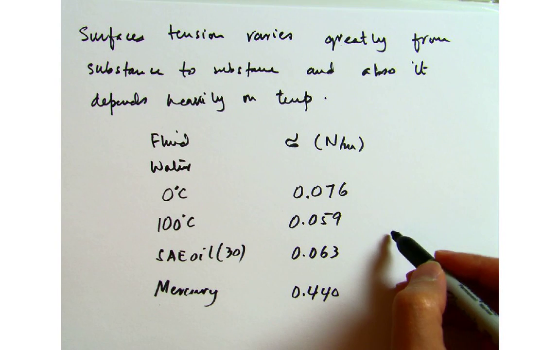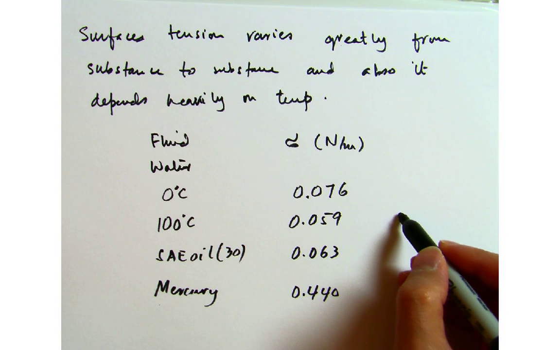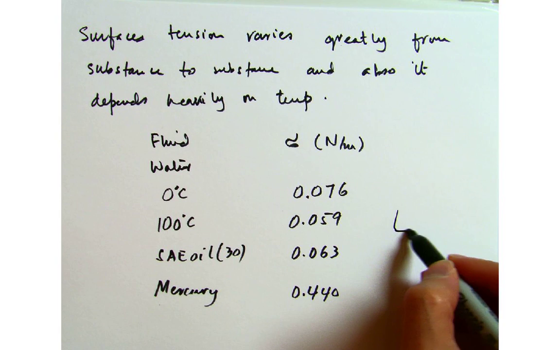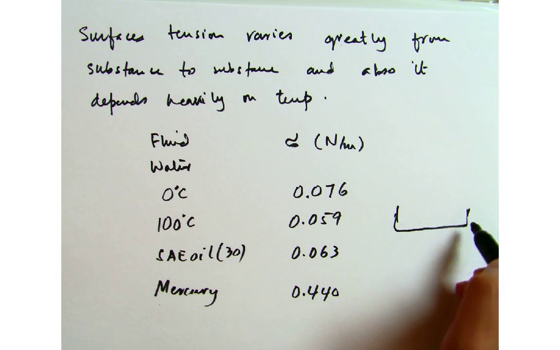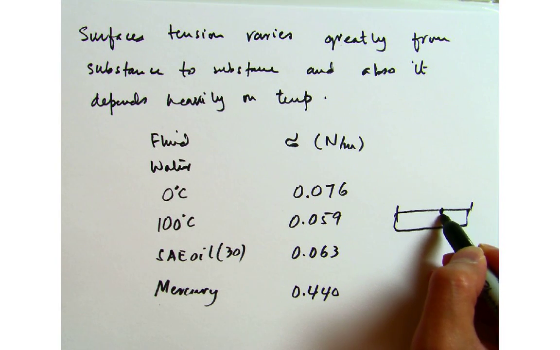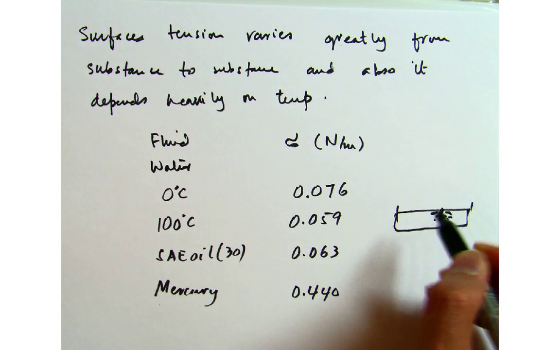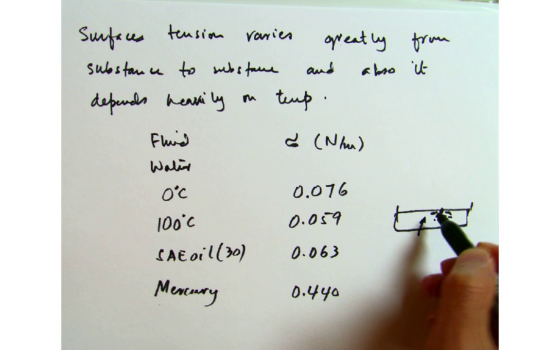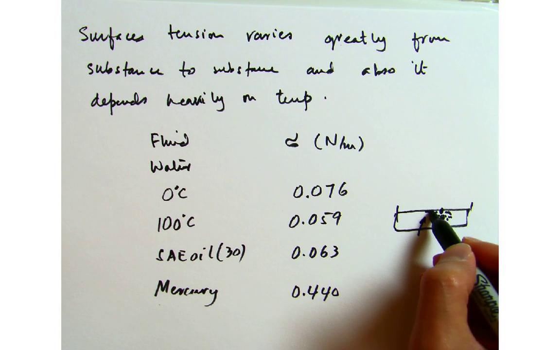And this depends quite a bit on the temperature, as we discussed in an earlier video about viscosity. So the same idea applies here. If you have a fluid, this particle sees more attraction from inside because you have a lot more molecules over here. But when you increase the temperature, you will see a lot more molecular movement.